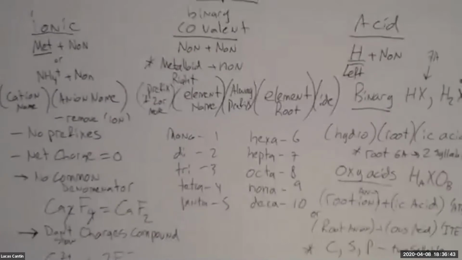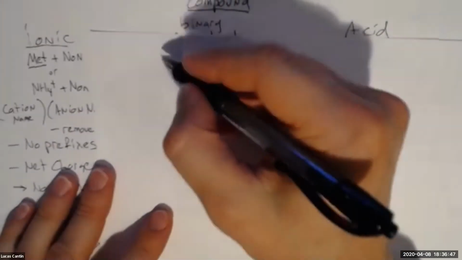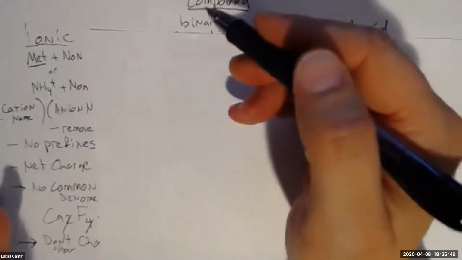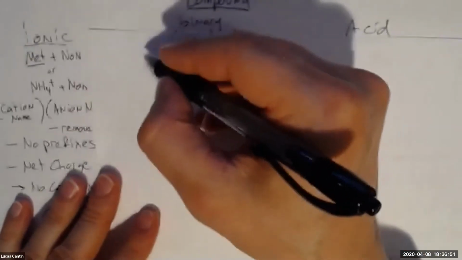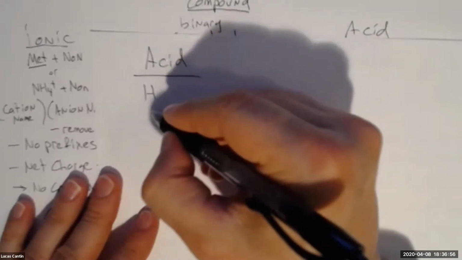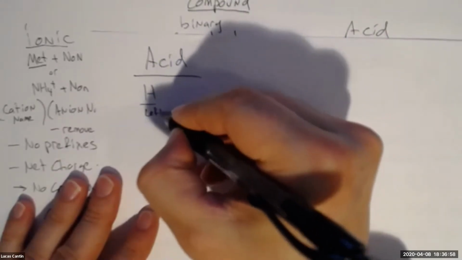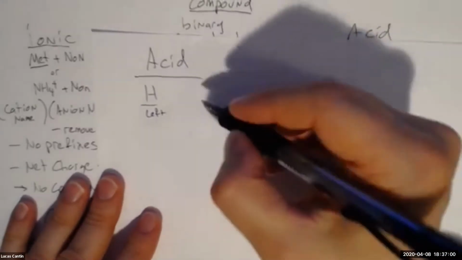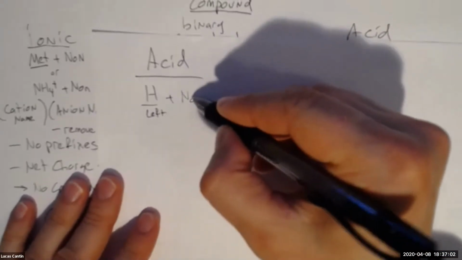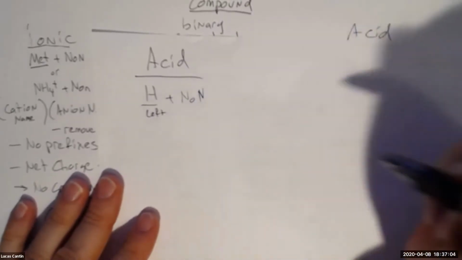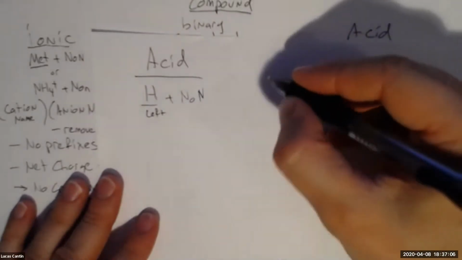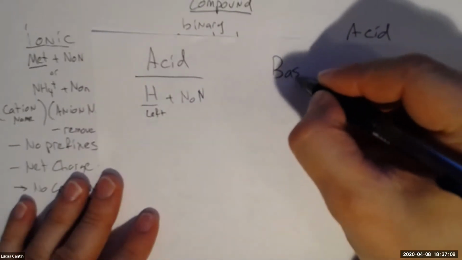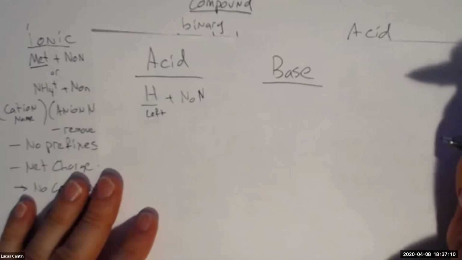Actually, for net ionic equations, we really haven't covered acids and bases yet. But what I'm calling an acid is simply something that has hydrogen on the left, specifically put on the left of the formula, plus a nonmetal. So that one's straightforward. For us, a base is just a special case of an ionic compound.